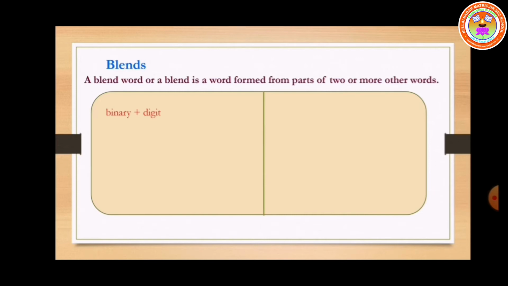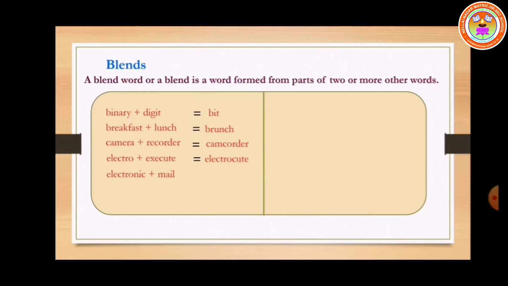Binary plus digit. The blend word is bit. Breakfast plus lunch. The blend word is brunch. Camera plus recorder, camcorder. Electro plus execute, electrocute. Electronics plus mail, email. Mechanics plus electronics, we call it as mechatronics.